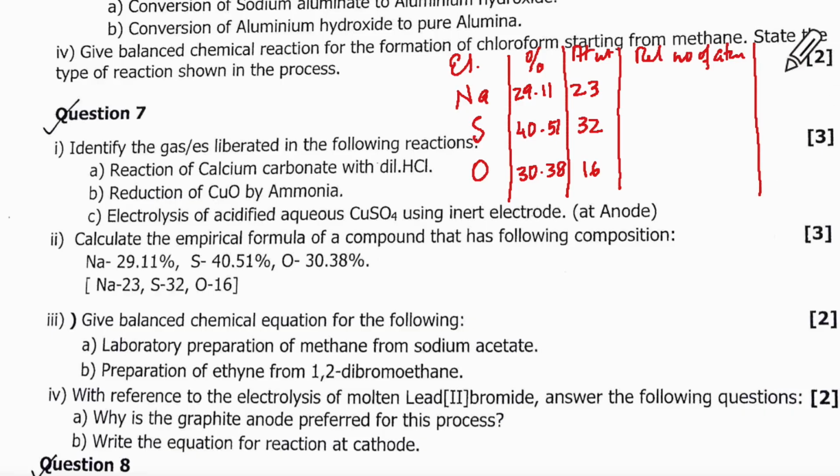This column has to be broader, and this also has to be broader, which is simple whole number ratio. So columns 3 and 4 have to be broader. Here you will get 29.11 upon 23, 40.51 upon 32, and 30.38 upon 16.